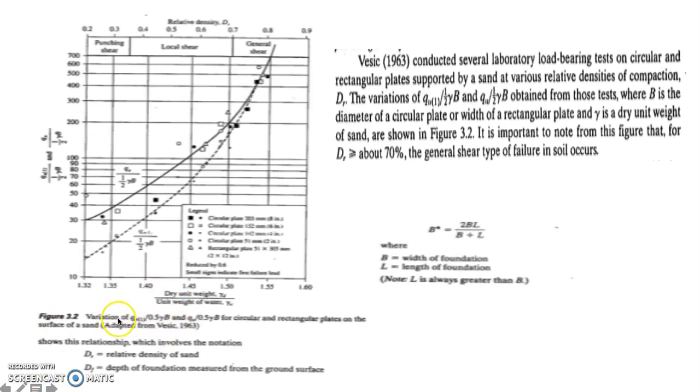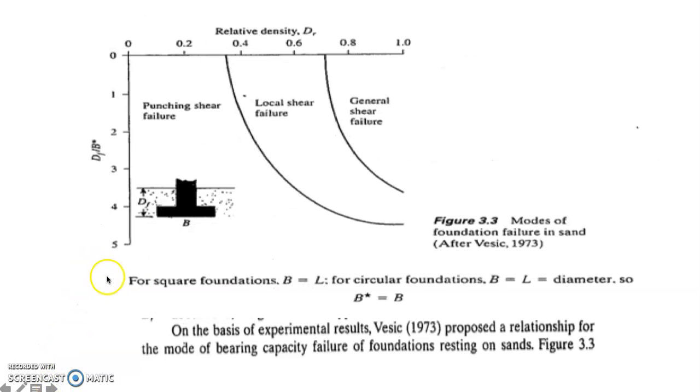This is a certain study conducted by Vesic, who conducted several laboratory load-bearing tests on circular and rectangular plates supported by sand at various relative densities of compaction. This is a figure showing the mode of foundation failure in sand.